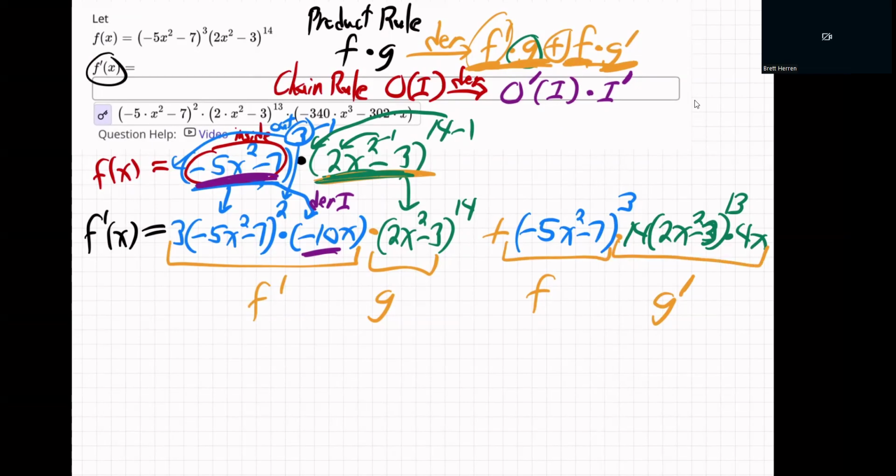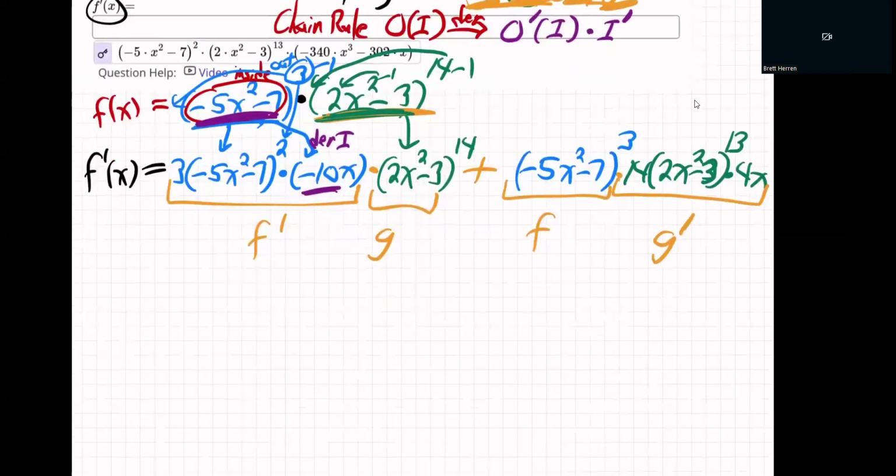That is ugly. Now we have to do a little bit of cleanup, unfortunately. There's a big plus sign in there. Okay, what are we going to do? Well, here's what we're going to do. This is going to be the mess continues. So what we need to do is factor out some common stuff. See how this has a 3 in the front and a minus 10x? I'm going to put those together to be minus 30x.